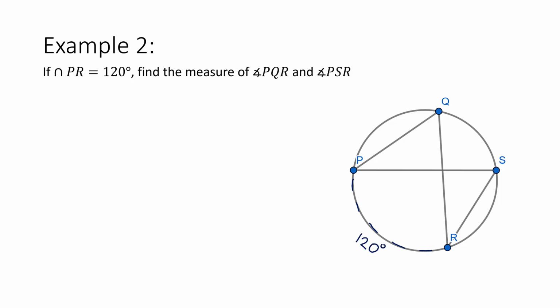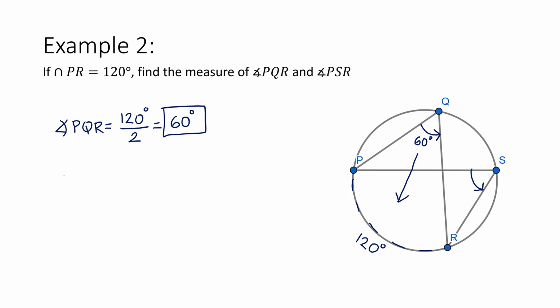We need to find the measure of angle PQR, which is this one, and the angle PSR, which is that one. Let's start with angle PQR. Inscribed angle PQR has an intercepted arc of 120 degrees. That means that the measure of the angle is half of 120, which is 60 degrees.